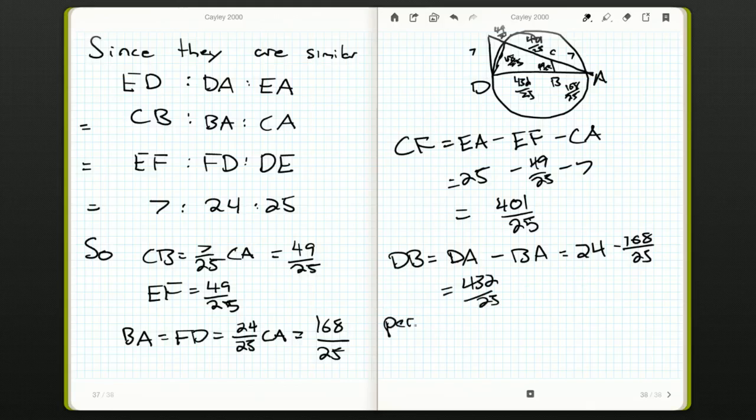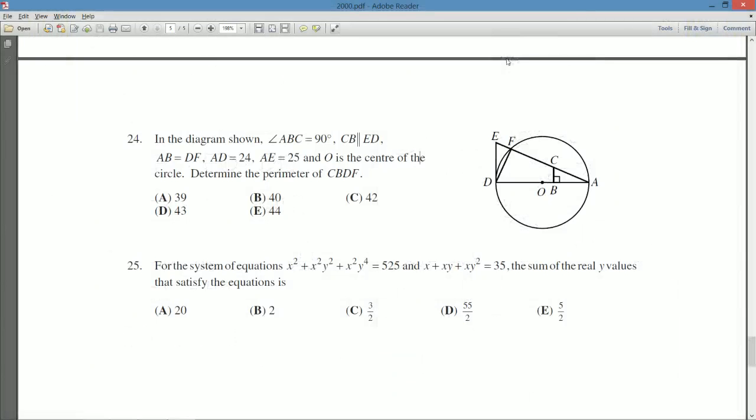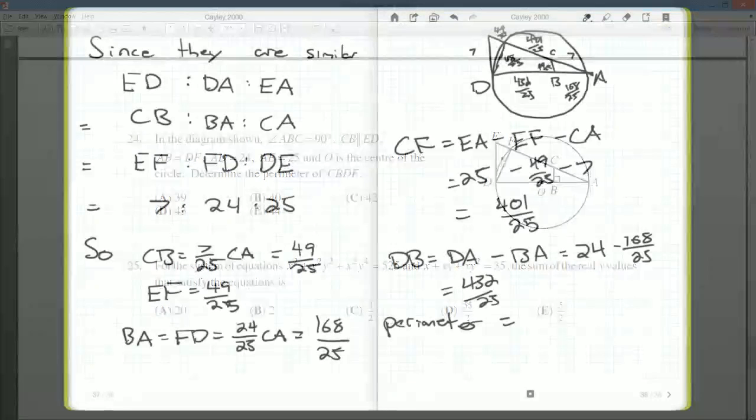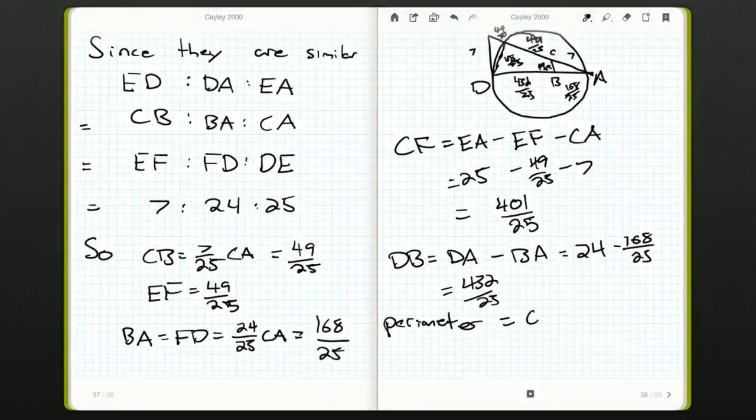So the perimeter we're asked for, now that we have every single length in question, even though the diagram I have written is very small, we're asked for CBDF. So we have all those lengths, we just need to add them up. CB plus BD plus DF plus FC. Well, what's CB?